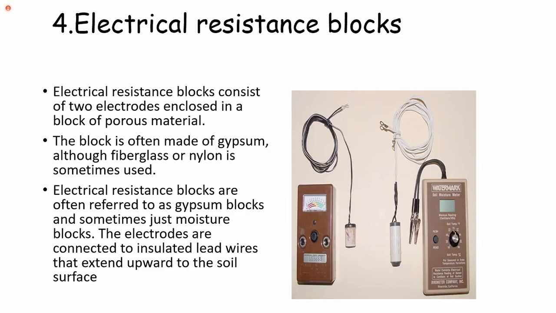Electrical resistance blocks are often referred to as gypsum blocks, or sometimes just moisture blocks. The electrodes are connected to insulated lead wires that extend upward to the soil surface, and are connected to a meter.